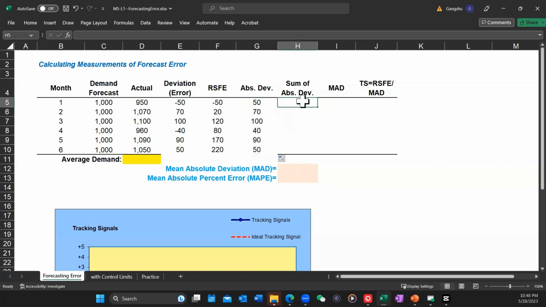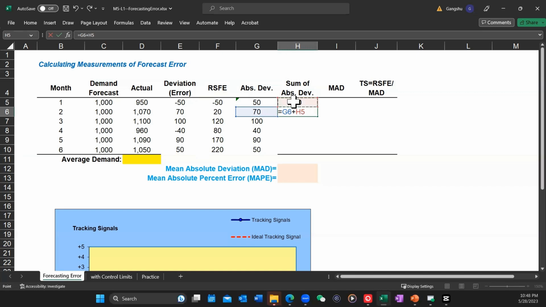The sum of absolute deviation will be equal to the sum of the previous data points of the absolute deviation. For the first point, it will be equal to month 1 absolute deviation. For the second one, that will be equal to the new data point plus the previous one.